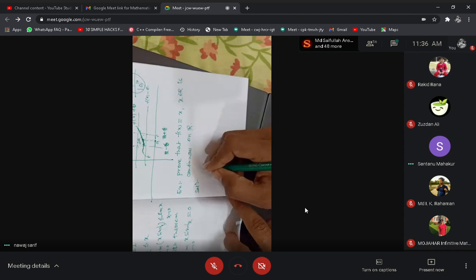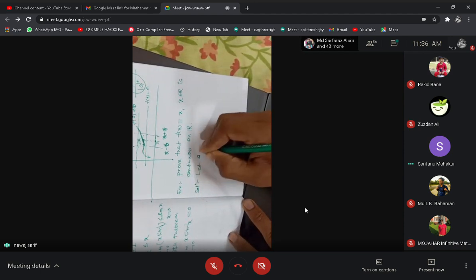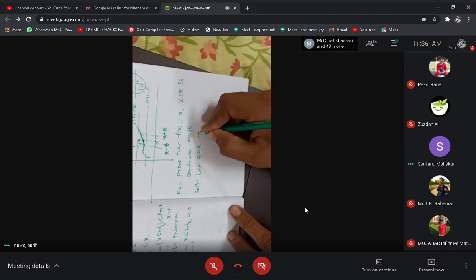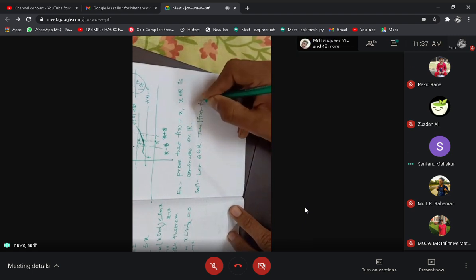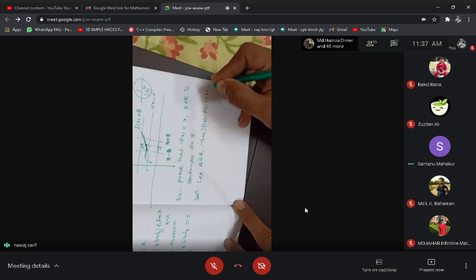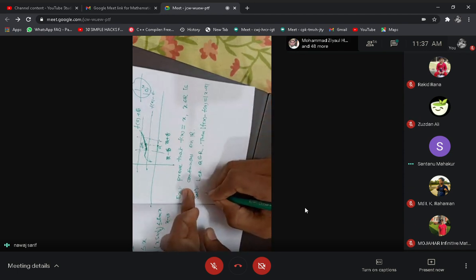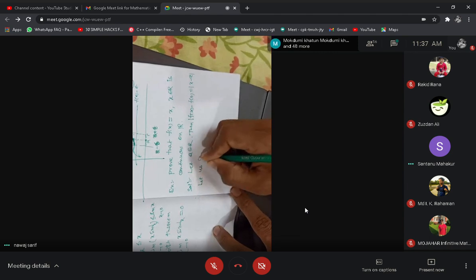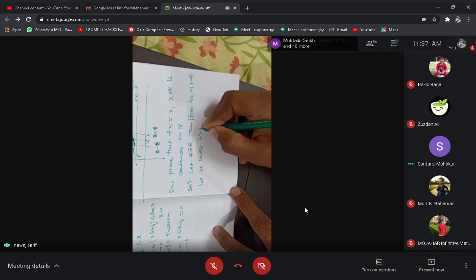Let a belong to R be any real number. Then mod of f(x) minus f of a equals mod of x minus a. Now let us choose epsilon greater than 0.